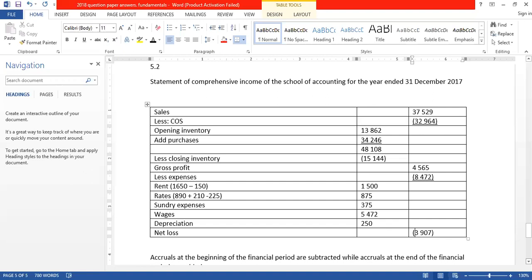Did they use that amount on the drawings in the added information? Drawings are not expenses. We will use drawings in the statement of financial position. When we are to record our drawings amount, we will have to add both our drawings that we paid by bank and our cash drawings together. Then we get our total drawings amount.